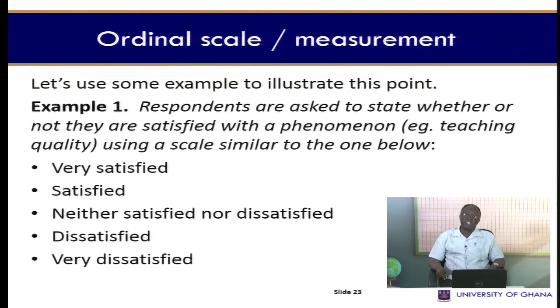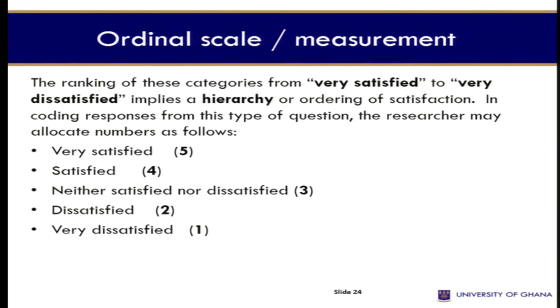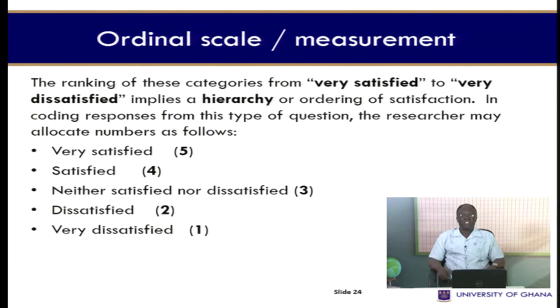Respondents were asked to state whether or not they are satisfied with a phenomenon, teaching quality, using a scale similar to the one below: very satisfied, satisfied, neither satisfied nor dissatisfied, dissatisfied, and very dissatisfied. Now, the ranking of these categories from very satisfied to very dissatisfied implies a hierarchy or an order of satisfaction.